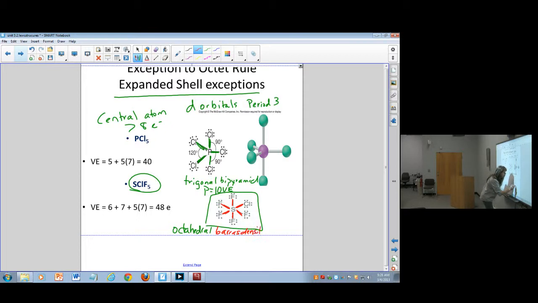So this also is going to be a violation of the octet rule, where you can only have 4 areas of density around it. Again, that's because sulfur is in period 3 or more, so it can expand into its d orbitals.